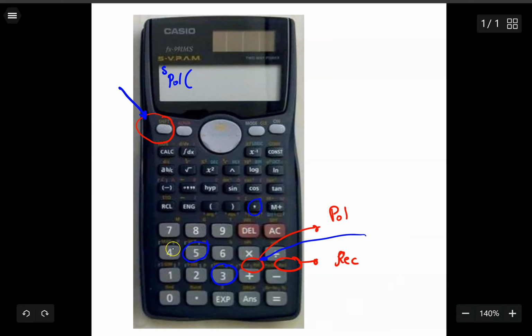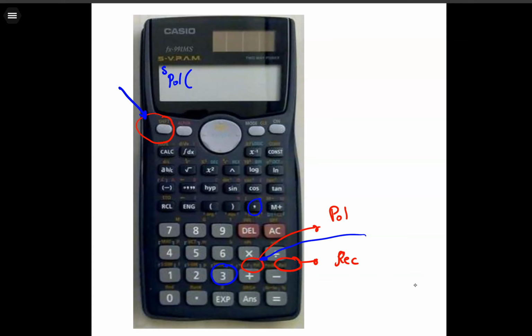So here's the 4. We are doing both of these at the same time. So let me convert from rectangular to polar in this case. So I have to put in 3 and 4.